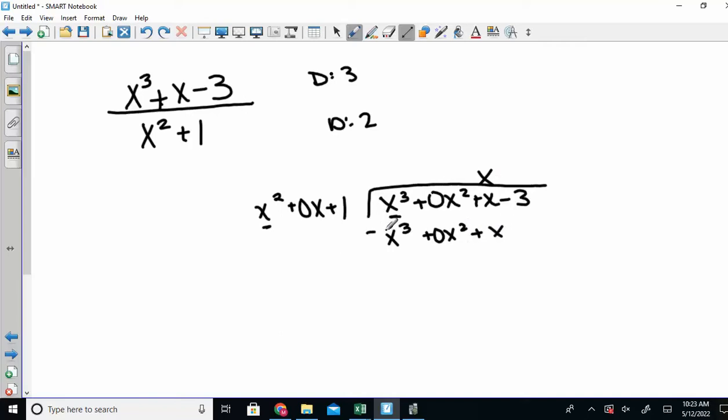We have to subtract that off. So if you run a negative through, those cancel, and those cancel. So we just have 0 minus 3. Can I divide anymore? No. If you do 0 divided by x squared, you just get 0. So our oblique asymptote this time is just y equals x.